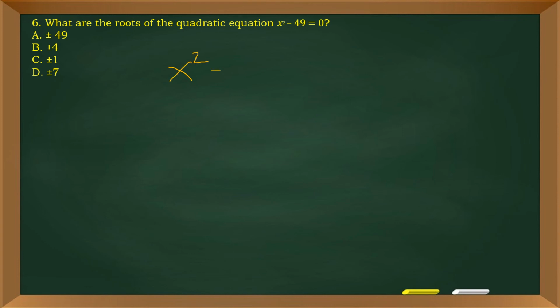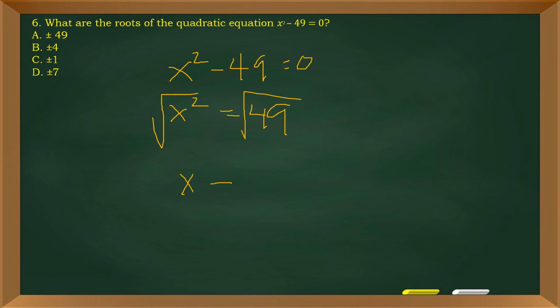Applying the square root property, we transpose 49 to the other side of the equation. So it becomes x squared equals 49. Then extract the square root of both sides. So x is equal to plus or minus 7. That's letter D.